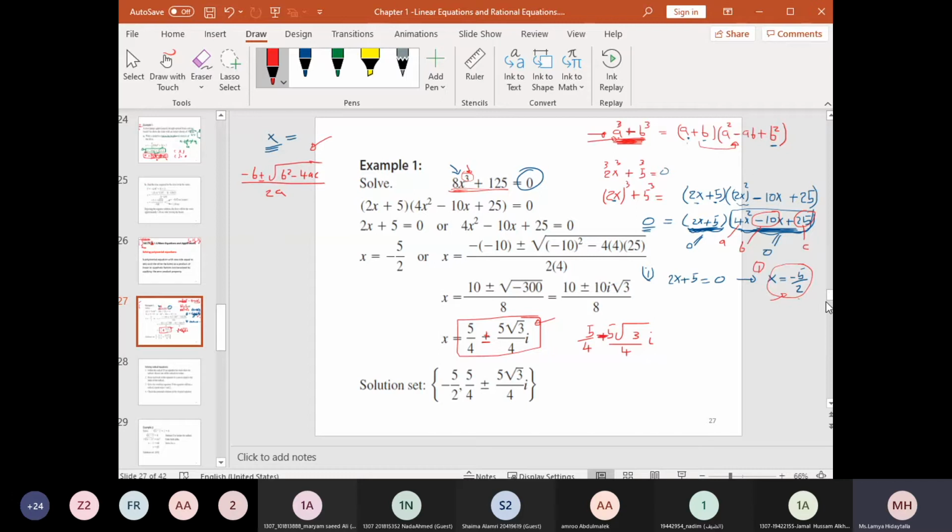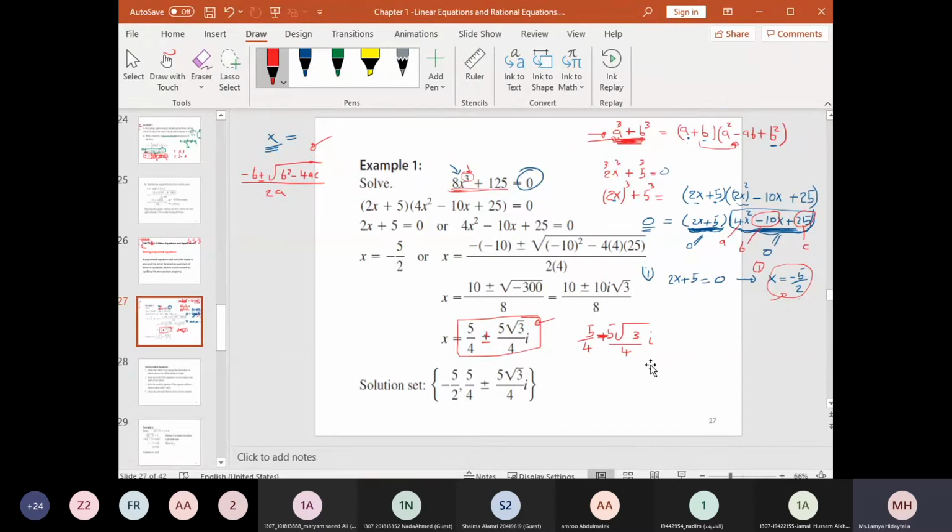Is it clear? If I can write any polynomial as a multiplication of linear or quadratic equations, I can solve it. Why? Because if the product is equal to 0, that means this part is equal to 0 or this part is equal to 0, even if there is a third part, linear or quadratic, equal to 0, and so on. So we can find the different solutions. If you want to make sure, take this one and substitute it back here.